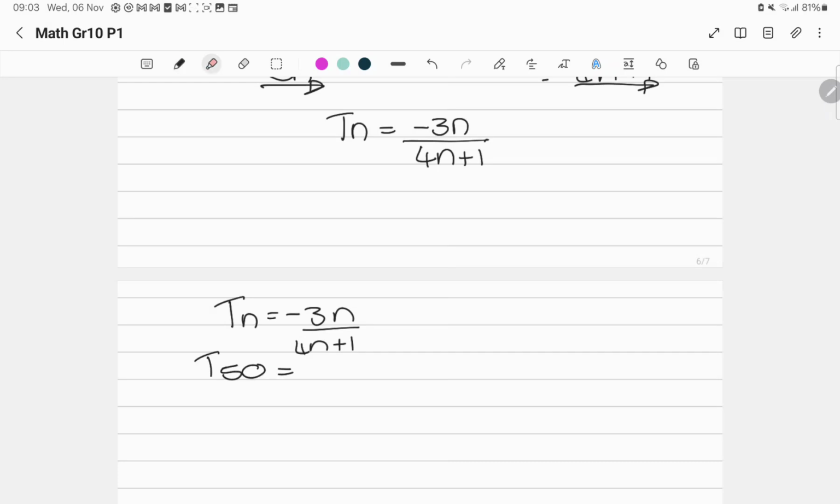So wherever I have an n, I'm going to substitute 50. So it's going to become minus 3 bracket 50 over 4 bracket 50 plus 1. Type that into your calculator and then you get your final answer. If I put that into my calculator, I get minus 50 over 67.